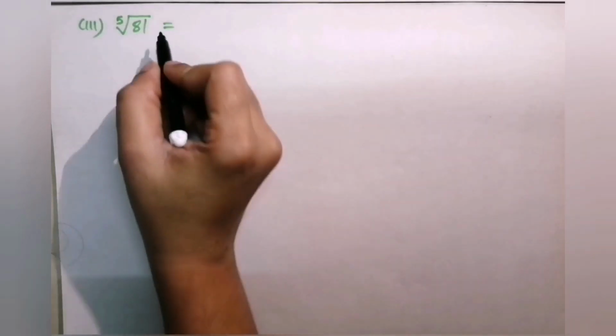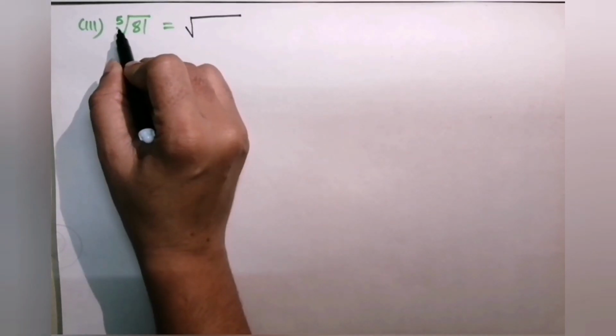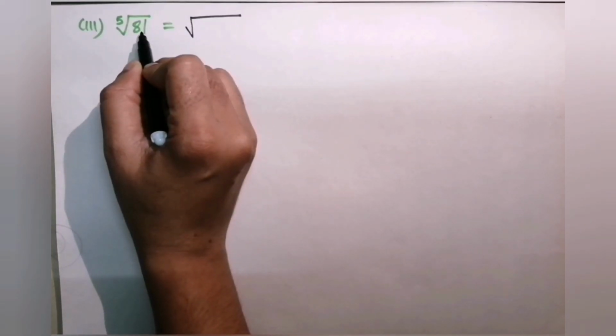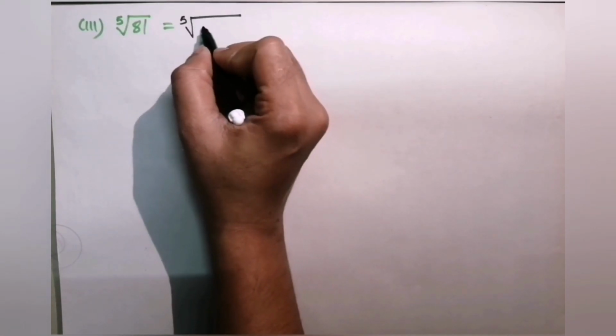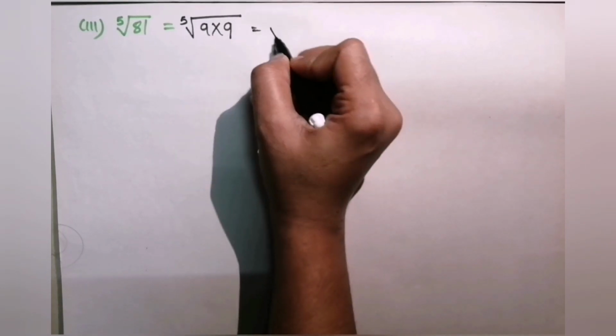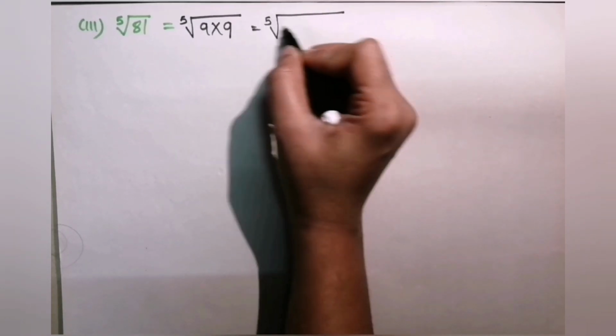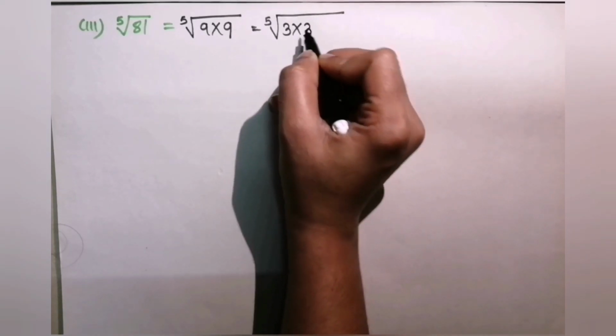Now students, start to solve the third one. First, students, factorize. What is the fifth root of 81? So factorize this one. 9 9s are 81, right? Now what is the next step? This is the fifth root of 9, which means 3 3s are 9. This is the first pair.